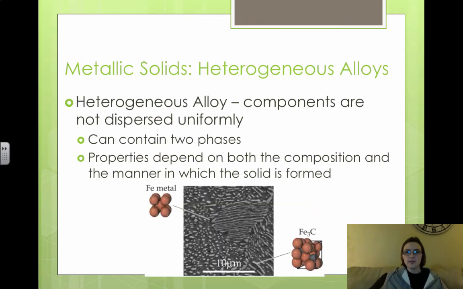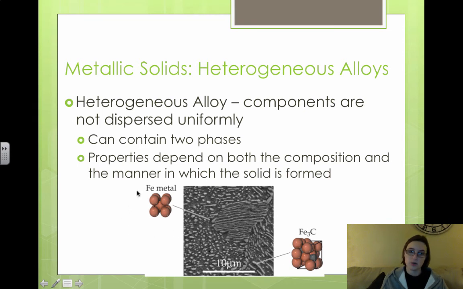So the next type of alloy we have are the heterogeneous alloys. Unlike substitutional and interstitial, heterogeneous alloys are heterogeneous mixtures, so they are not uniformly distributed. Typically it can contain two phases. So this doesn't necessarily mean solid, liquid, gas. What this can mean is we have iron metal, and then we also have an iron compound.